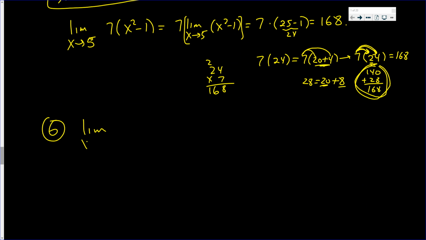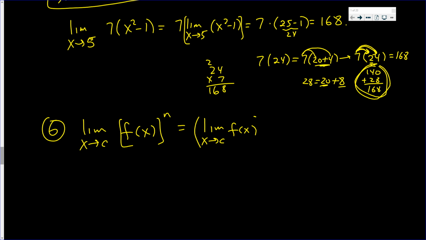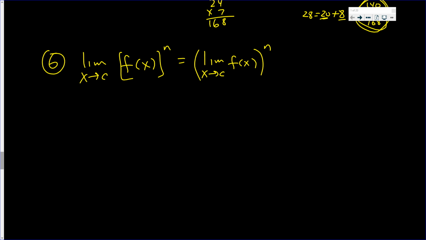The limit as x goes to c of f of x to the nth power, what you can do is just calculate the limit as x goes to c of f of x, and whatever you get, raise that to the nth power. Now, this rule should be obvious from the earlier one, because the limit as x goes to c of f of x to the nth power.